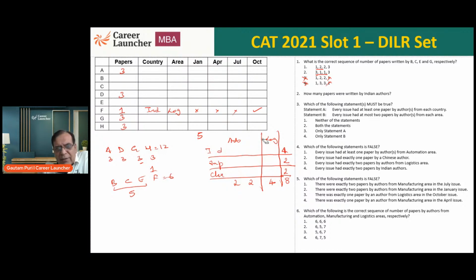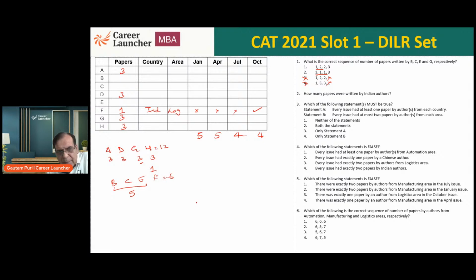Let me erase this table and make it a little lower, because I want to write something here. January was 5, April was 5, then 4 and 4. And the other thing, let me write at the bottom: China, India, and Japan. And we have automation, manufacturing, and logistics.